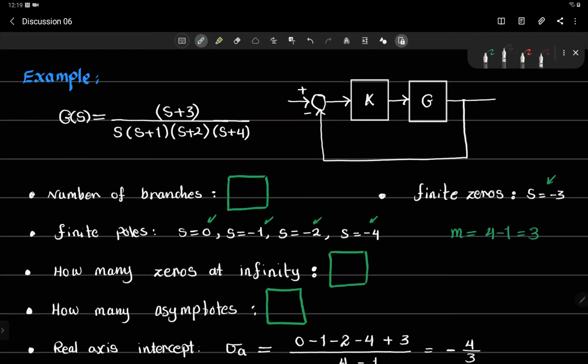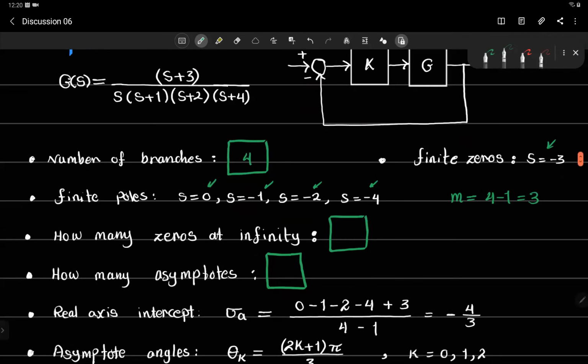So first, how many branches do we have? We know that we have 4 branches, right? Because we have 4 open loop poles. How many zeros at infinity? Well, we said that the total number of poles is 4, and we have 1 finite zero, which means that we must have 3 zeros at infinity, right?